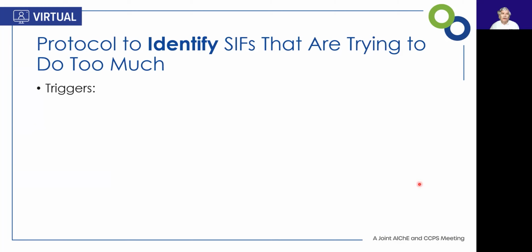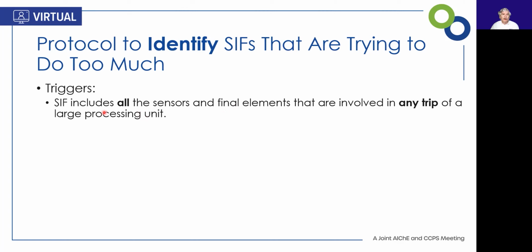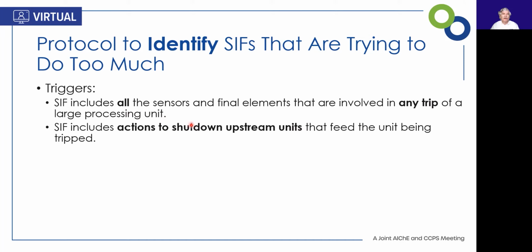So here's the protocol to identify SIFs that are trying to do too much. If the SIF includes all the sensors and final elements that are involved in any trip of a large processing unit, that's a trigger.